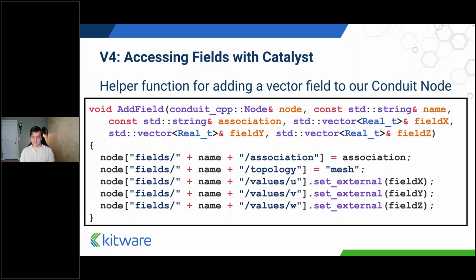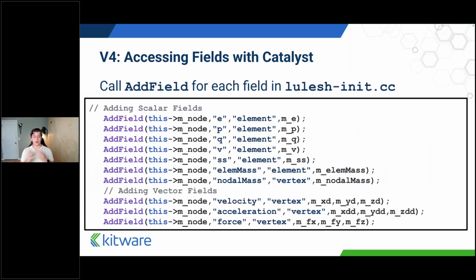So with these two add field helper functions, we can go ahead and update our conduit node. Because the arrays that represent these fields are not changing in memory, but the values are obviously changing throughout the simulation, we can pass a pointer to them at the time we initialize our domain.